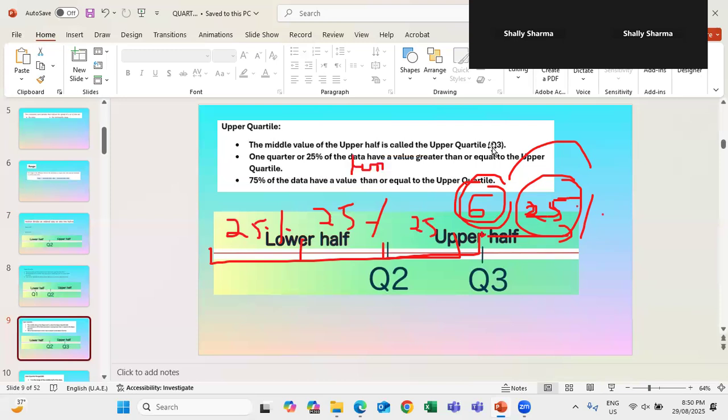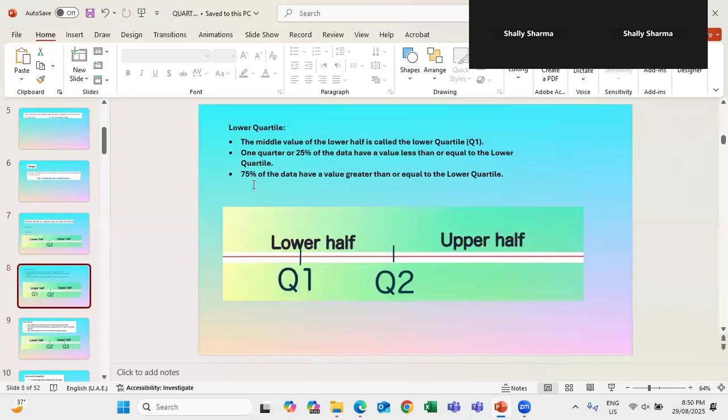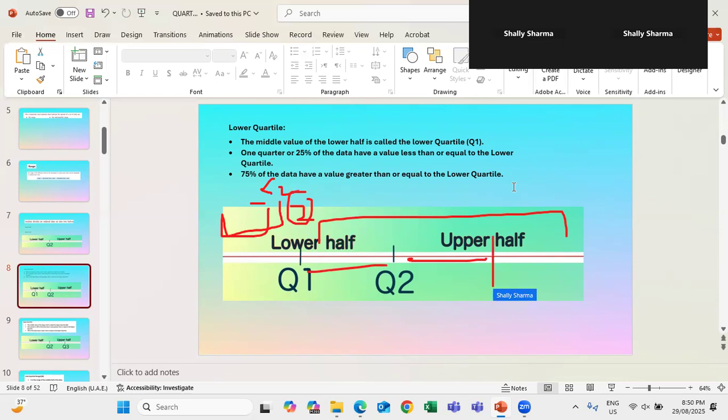Then the same thing was explained here. 75% of the values will be greater than or equal to, because let's say the lower quartile is 2, so 25% of values will be less than or equal to 2, and 75%, 25, 25 and 25, will be more than the lower quartile.